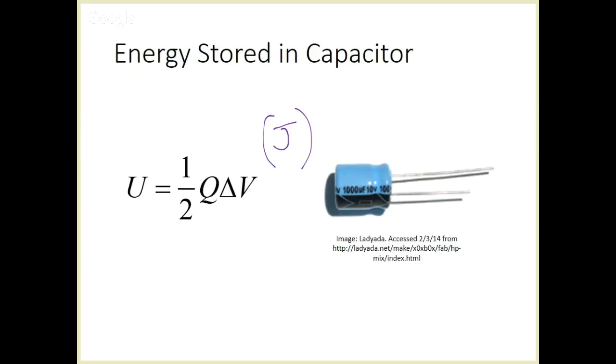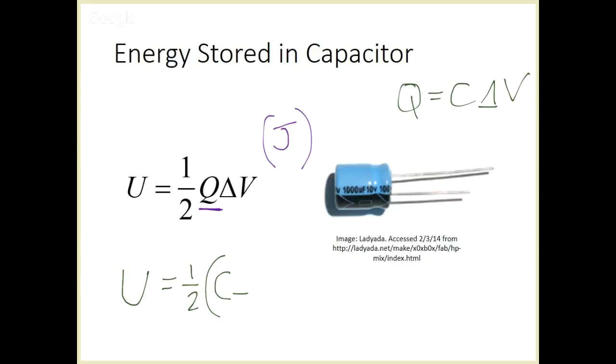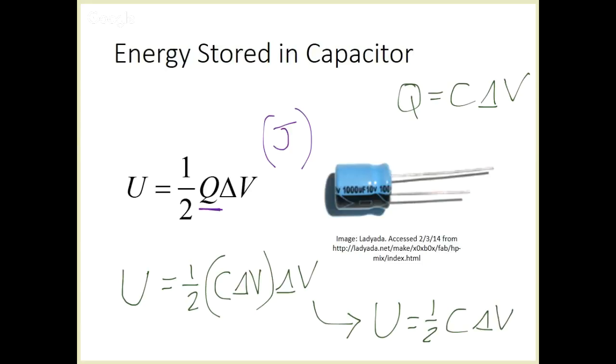Keep in mind that this Q is the same as the Q in the other capacitor equation, Q equals C delta V. So another way of writing this exact same equation is U equals 1/2, replacing the Q with C delta V. So if all I know is the capacitance and the voltage, I can also figure out the energy in there as 1/2 C delta V squared.